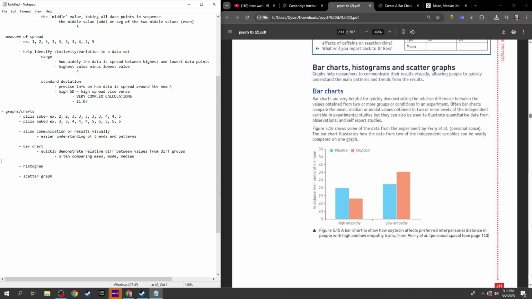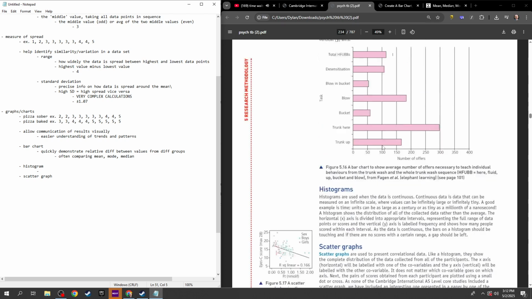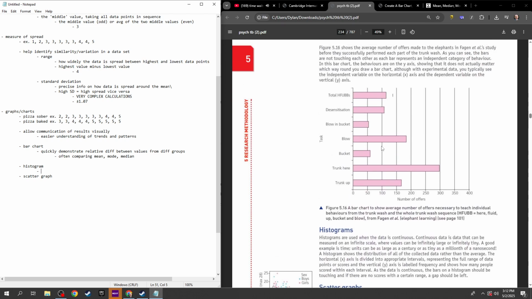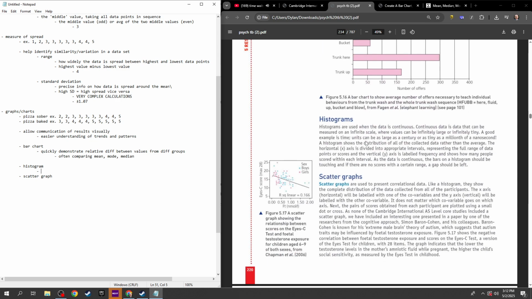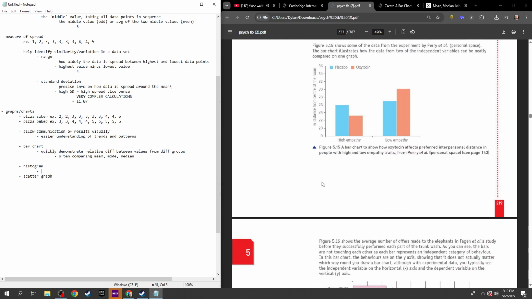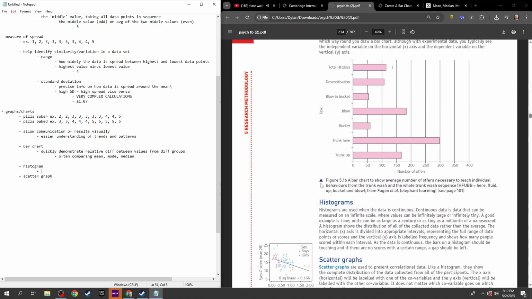Then we go on to the histogram. Histograms are used when the data is continuous.